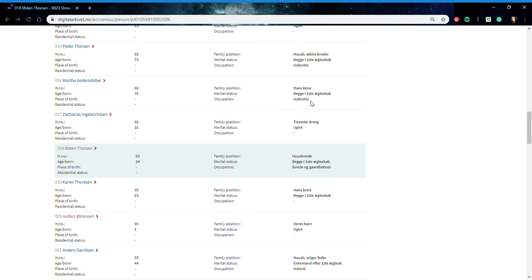They could do something different, like he could be a blacksmith, but then he would normally say that in the census. But basically, they're not owning any land. And here we have a servant, tjenestedreng, and he's unmarried. And then we have our family.